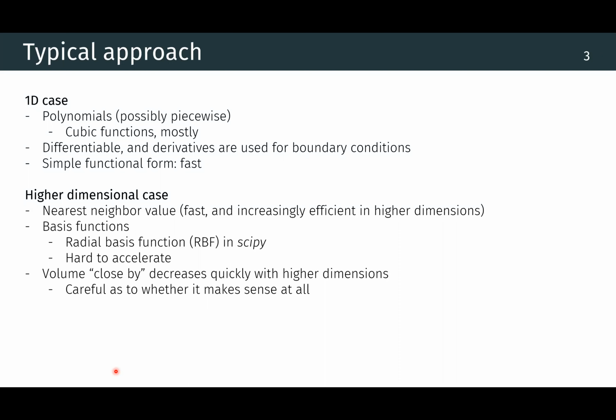But the moment you look at a higher dimensional case, starting at roughly 3, you are paying dearly for that accuracy. And practically, you wouldn't use most of the methods that you have for the 1 or 2D case in higher dimensions, even though it's often technically possible. It's just awfully slow.